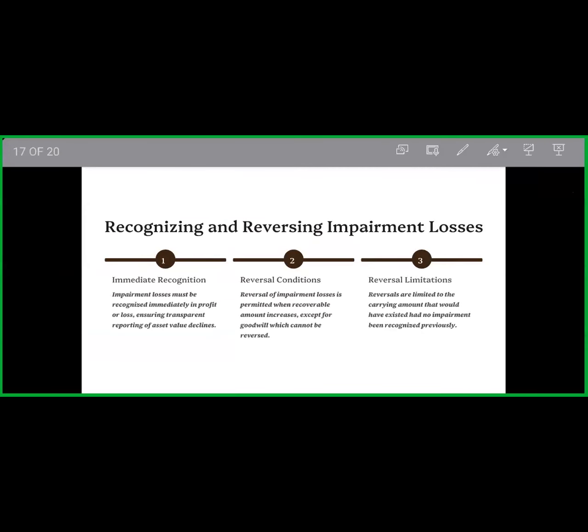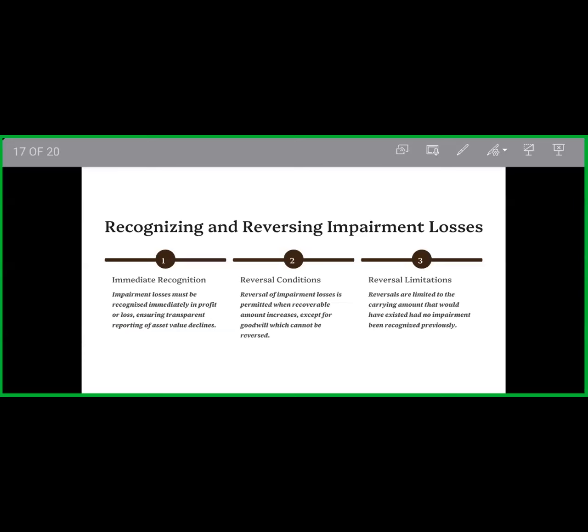When we recognize the impairment losses, immediate recognition must be there. That means when we prepare the financial statements, that is the balance sheet, income statement and cash flow statement, if there are impairment losses for any assets, that must be clearly mentioned in your financial statements.